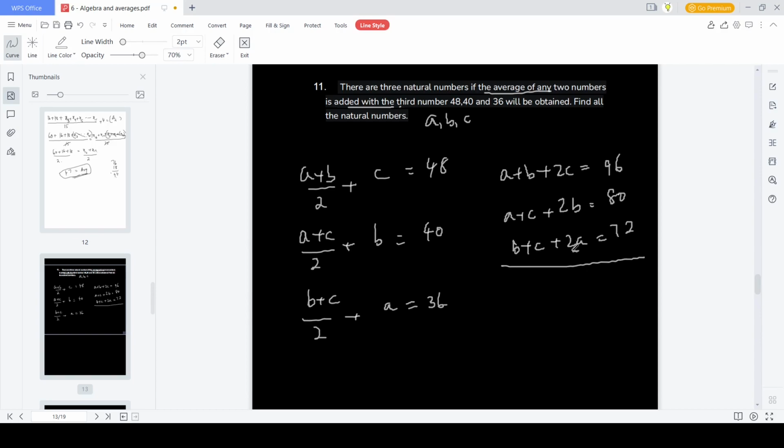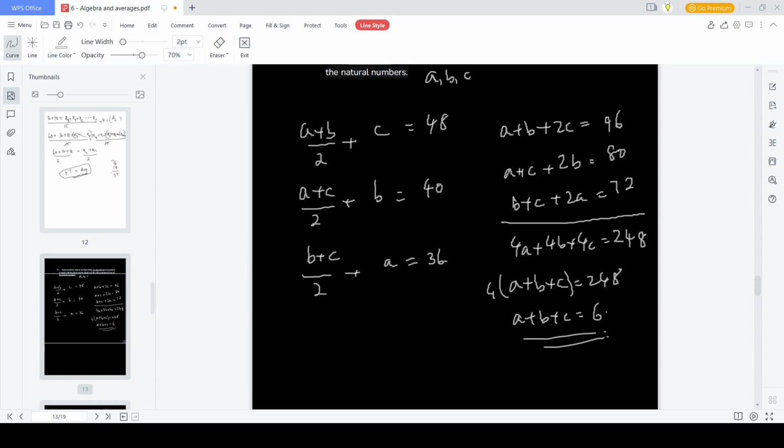I get 4a, 4b, and 4c on the left, and on the right 96 plus 80 plus 72 is 248. So if I take 4 common, I get 4(a plus b plus c) is equal to 248.